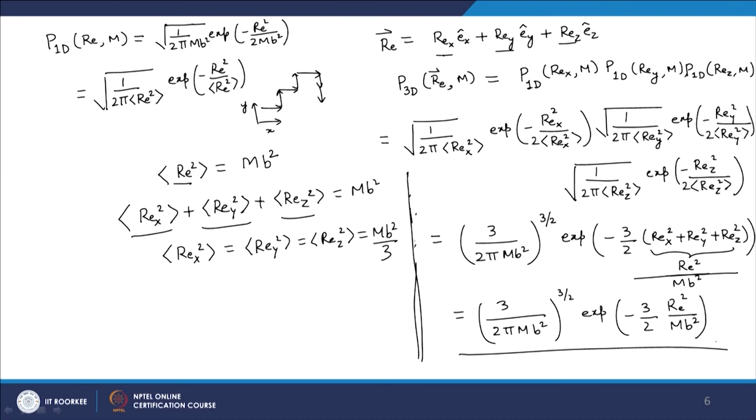Again, it is a Gaussian. The prefactors have changed, and now it is normalized again because we have started from the continuous distribution. So, we do not need to normalize again.